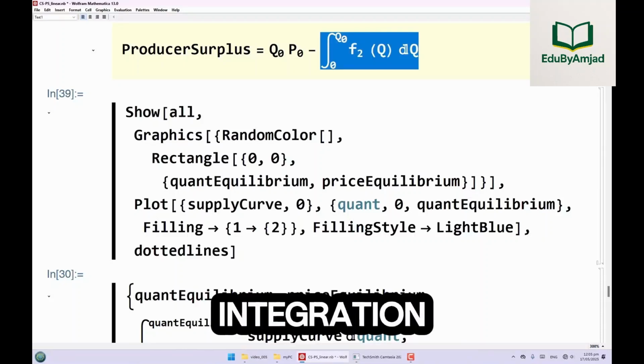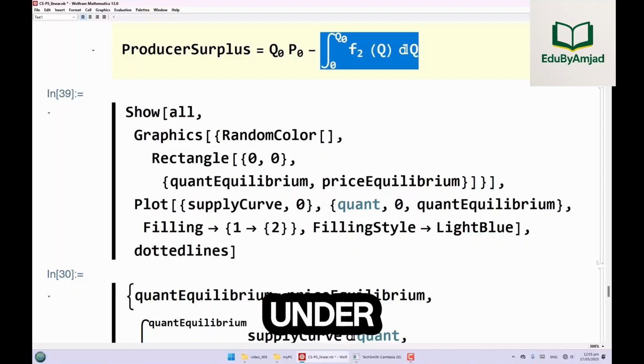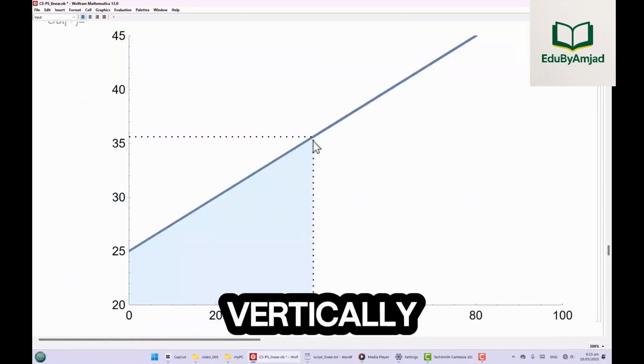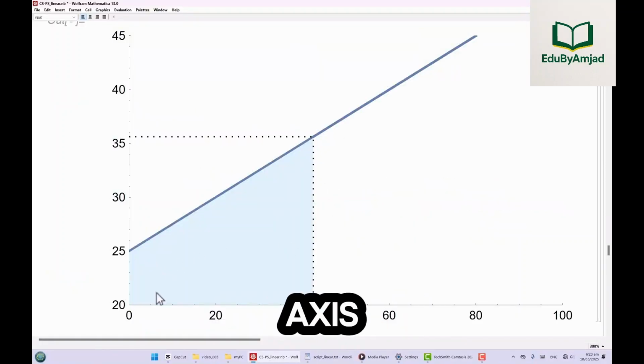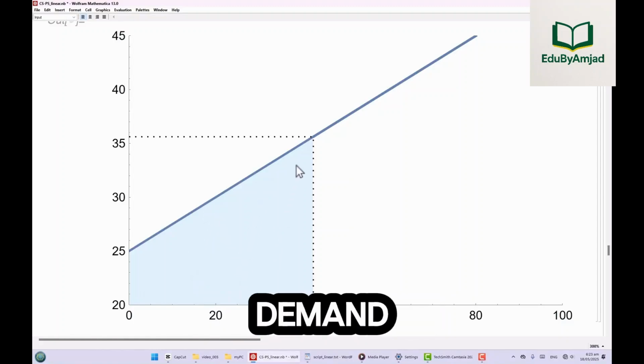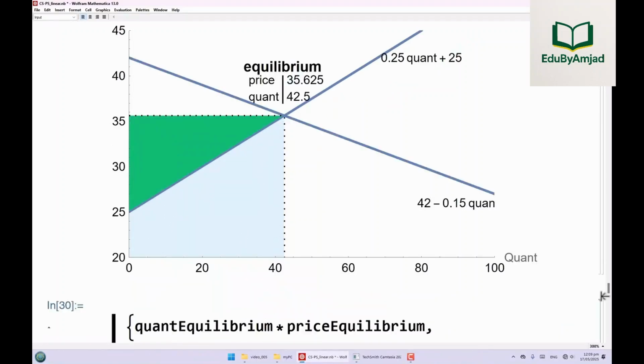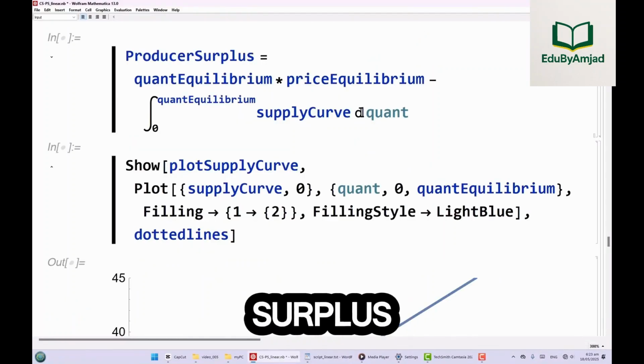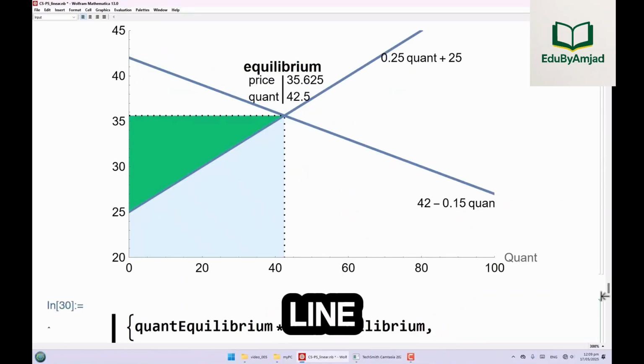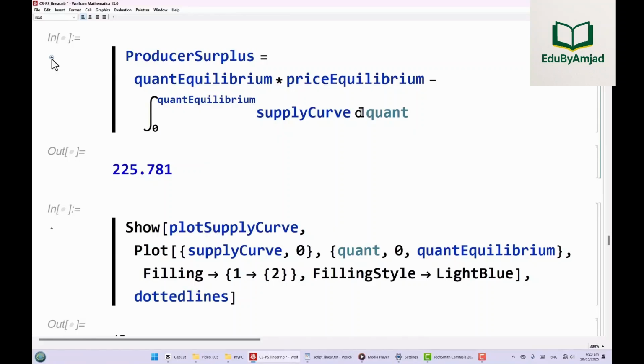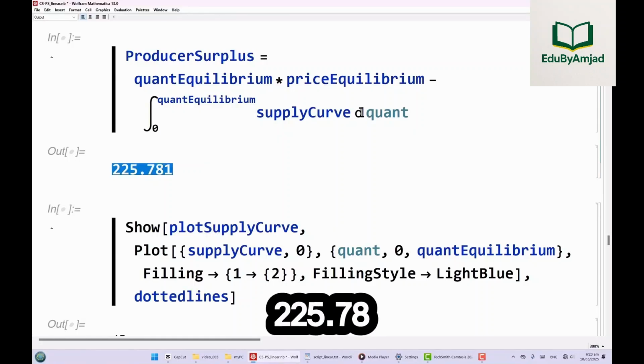This is the integration of the supply function showing the area under the supply curve, vertically, between the supply curve and the x-axis, and horizontally between the y-axis and the intersection of the demand and supply curve. The result is producer surplus, the area above the supply curve and below the market price line. The value is 225.78.